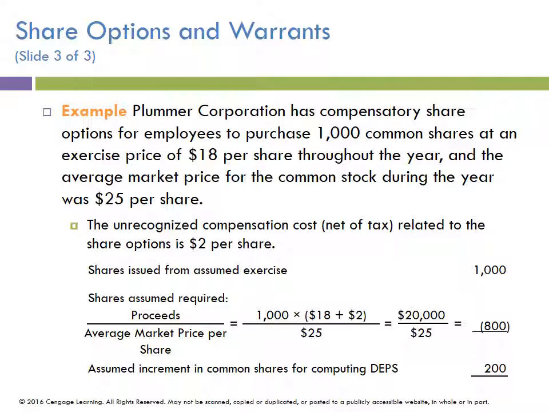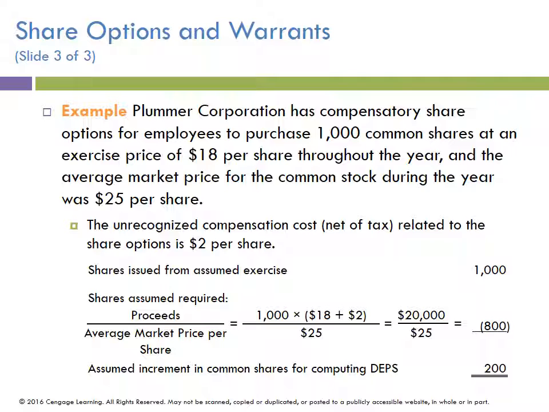So we assume the shares reacquired, I should say. First of all, shares issued from the assumed exercise would be 1,000 shares. What are the proceeds? How much money would we be receiving if those shares were exercised? Well, 1,000 shares times the $18 that is the cash we actually received plus that unrecognized compensation cost per share of $2.